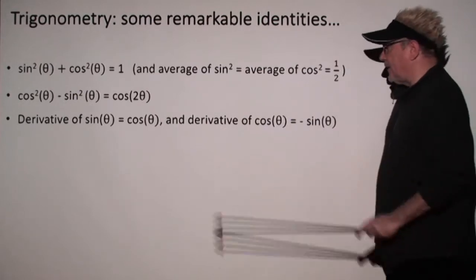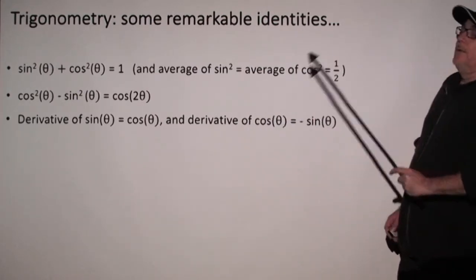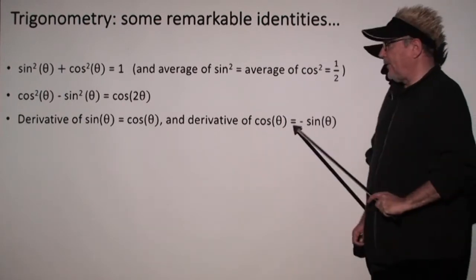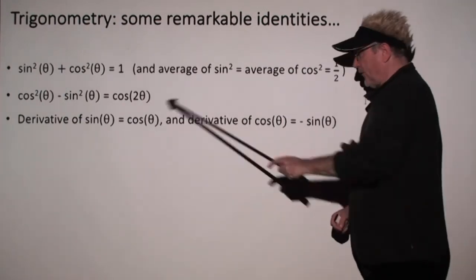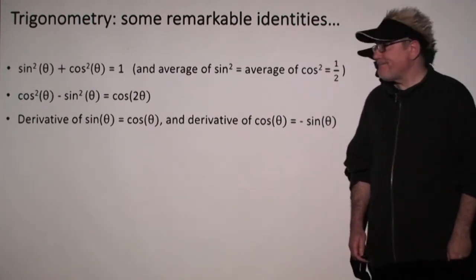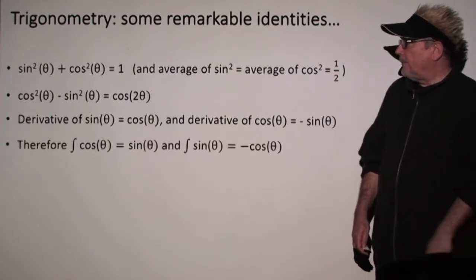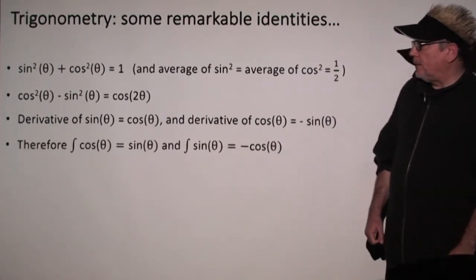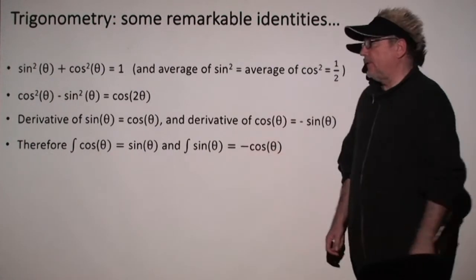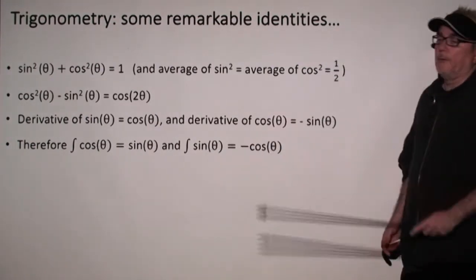I'll let you derive that. And also the derivative of the cosine is minus sine. There's a catch here: cos, sin, minus sin. Remember that. Anyway, since we've seen that the integral is the reverse of the derivative, the integral of cosine is sine and the integral of sine is minus cosine.